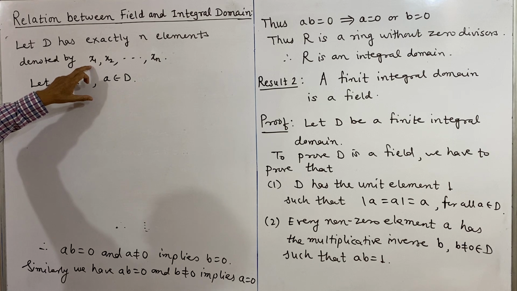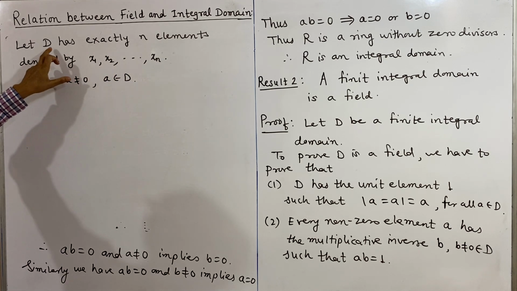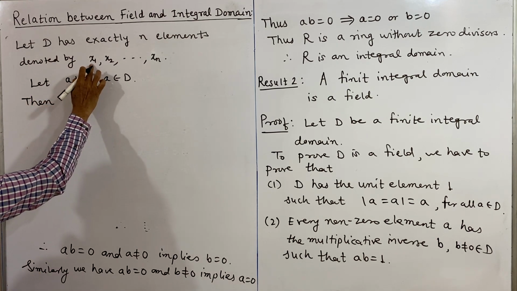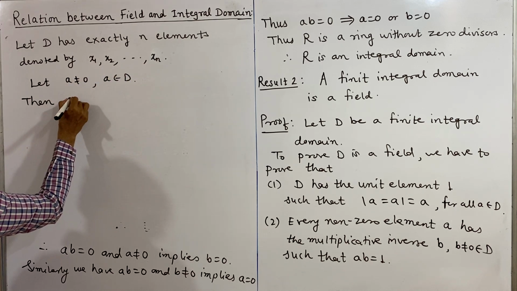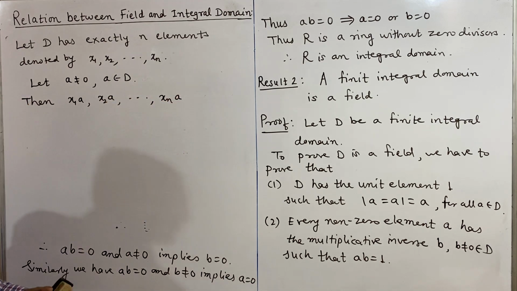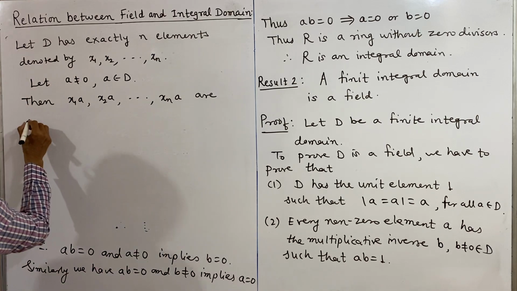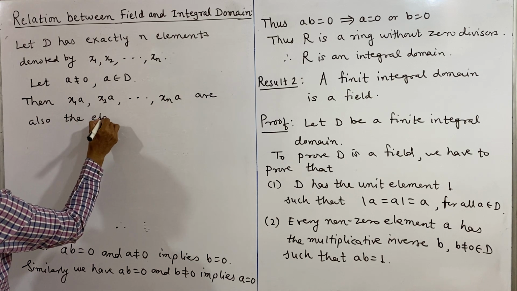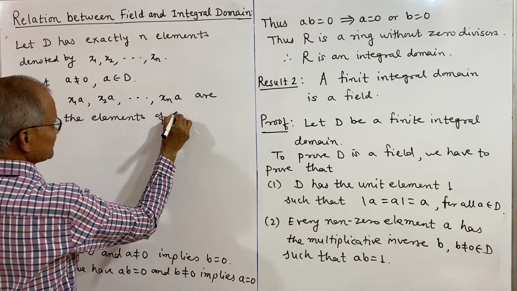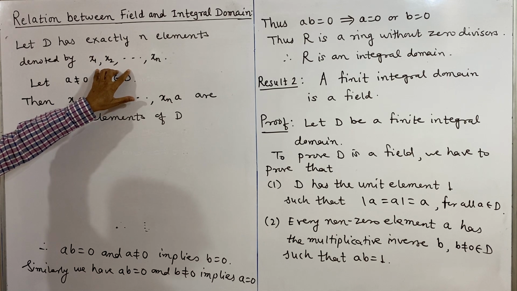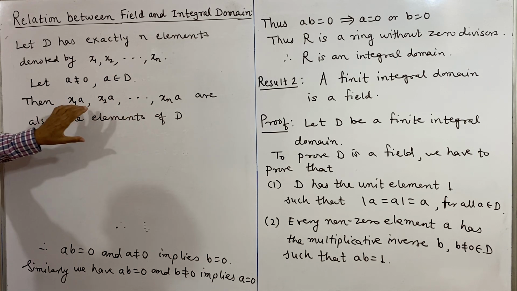Then we will multiply every element of this integral domain by A. If you multiply each element by A, we will get x1a, x2a and so on xna, and these are also elements of D, n elements of D. And this is because of the closure property.